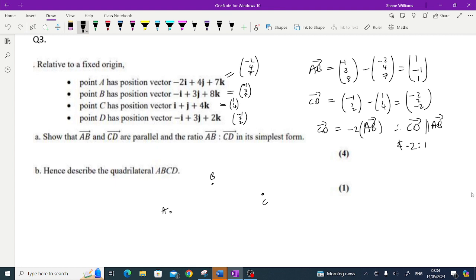Because it's supposed to be minus 2 lots of AB, so it should be down here. So there's my D. So I've got this one here, and it's parallel to this one here. This one was double the length, but they are parallel. So a quadrilateral where you have one pair of opposite parallel sides, but the other sides aren't parallel, is a trapezium.